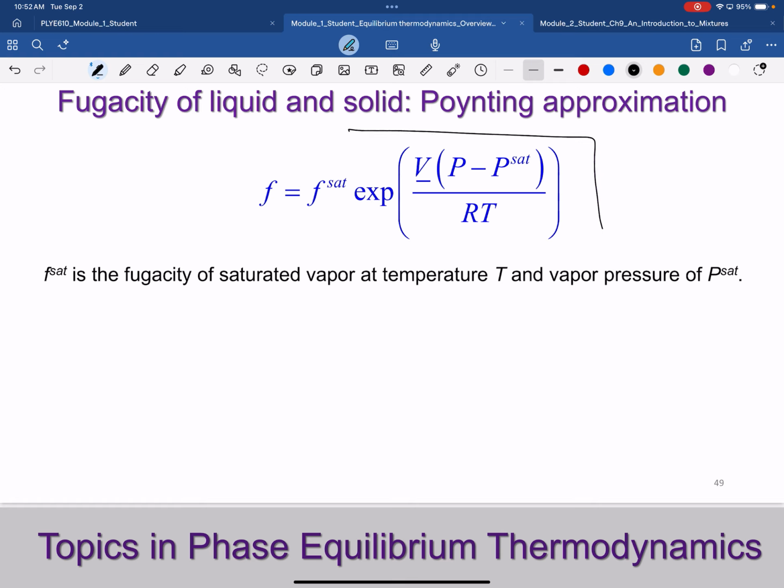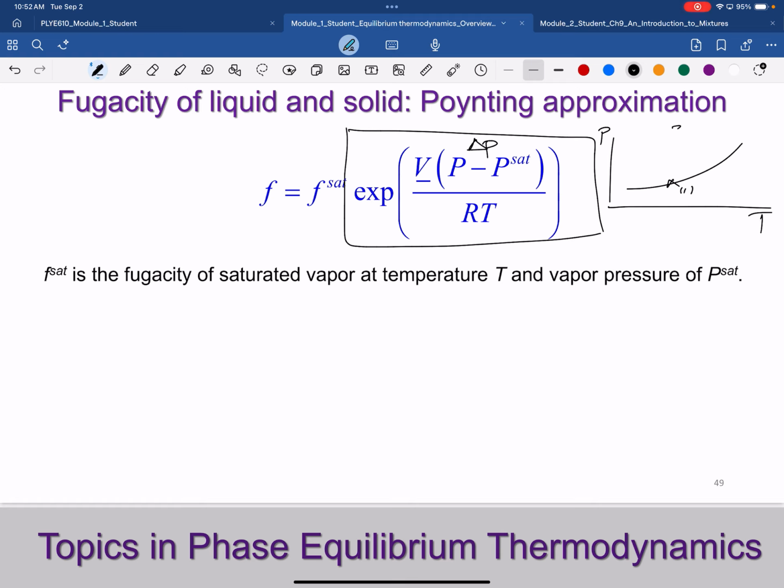your Poynting correction, right? There's an exponential term that depends on the molar volume, the saturation pressure and temperature, and the departure from the saturation point that you have. So this is your delta P, the vertical line that we had. This is the saturation curve.